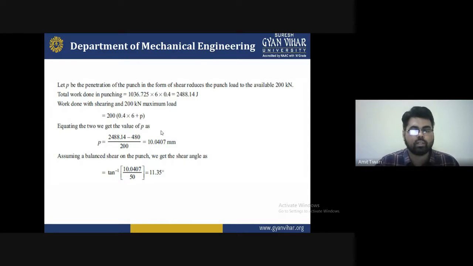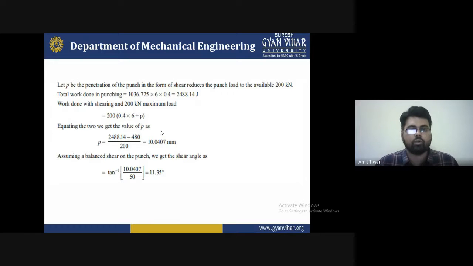Then if we consider the shearing operation performed, the maximum load appearing is 200 under bracket (0.4 into 6 plus P). We can put the value of P at that place and find 2488.40 minus 480 divided by 20. So we find the value of P as 10.0407 mm.